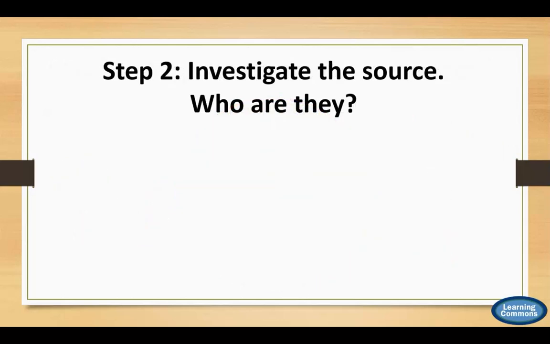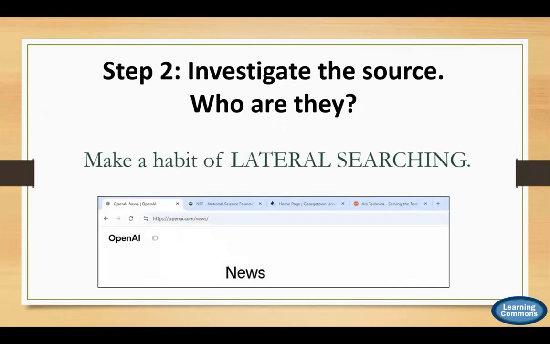Step 2 is the I. It stands for investigate the source. Whenever you encounter new and possibly questionable information or visit a site you're not familiar with, you'll want more information. Don't trust a source to prove itself to you. It's too easy to lie. The responsible move is to get outside confirmation. We do this by lateral searching. It's a key tactic used by professional fact checkers.